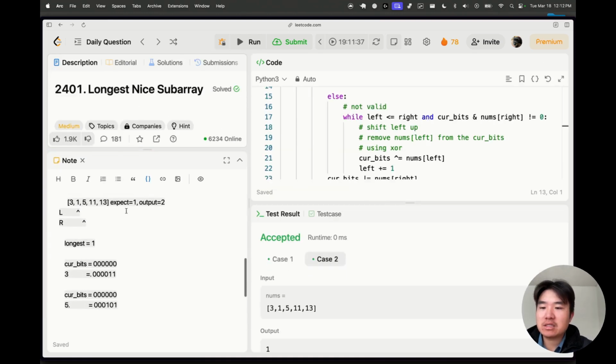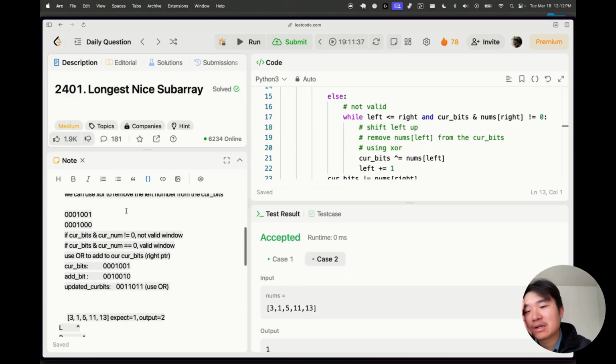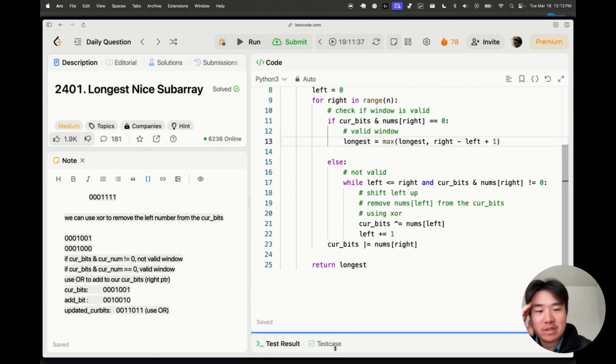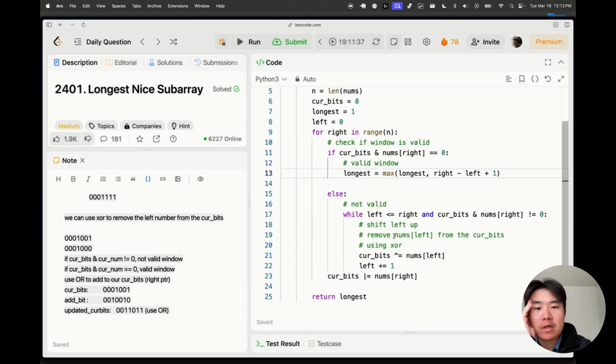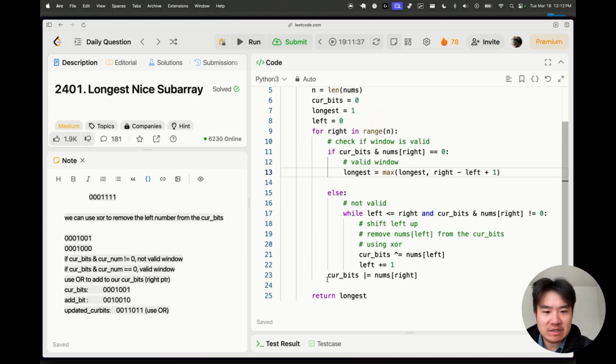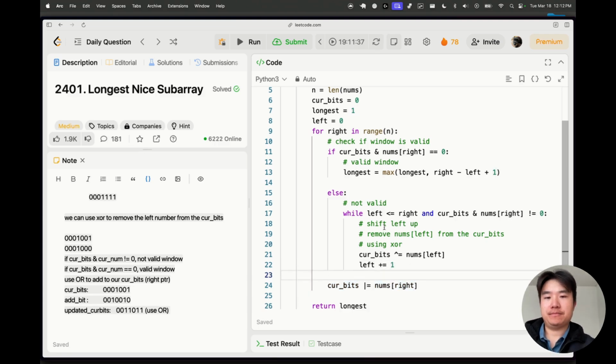I think I did a pretty good job like working with these like bitwise things. I'm really bad with these. I definitely need to practice more. But I think with this problem, it might be very specific, but it's like, when do we add right to cur bits? I guess what does this mean?